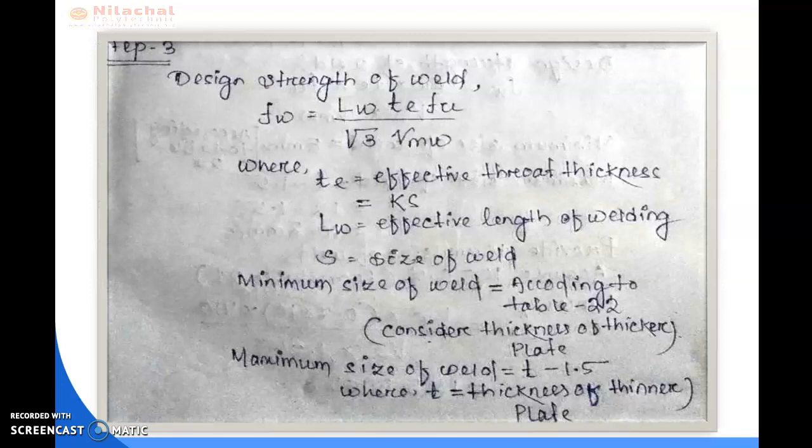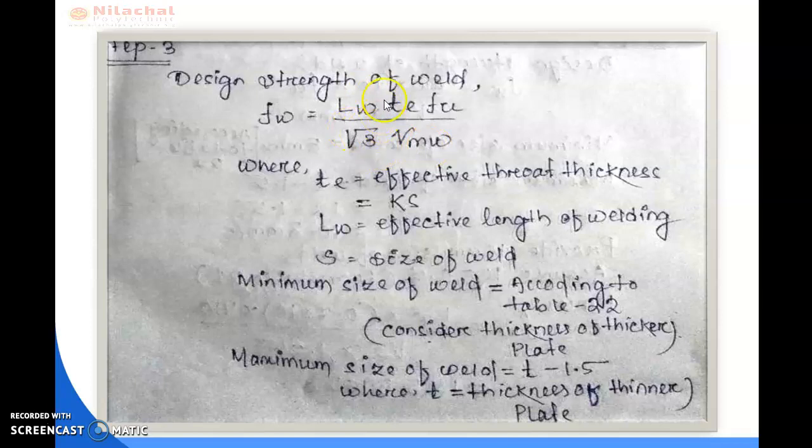The next step is step 3, in which you have to calculate the design strength of the weld. The formula for the design strength of the weld is Fw equals Lw Te Fu divided by root 3 gamma mw.